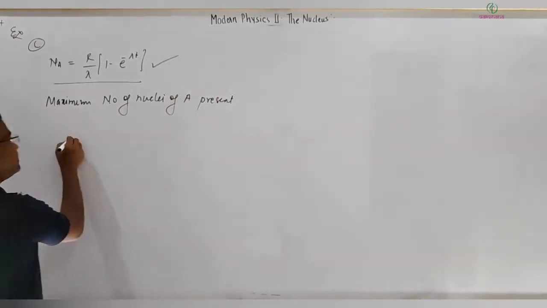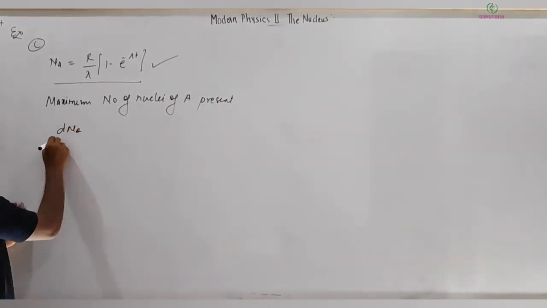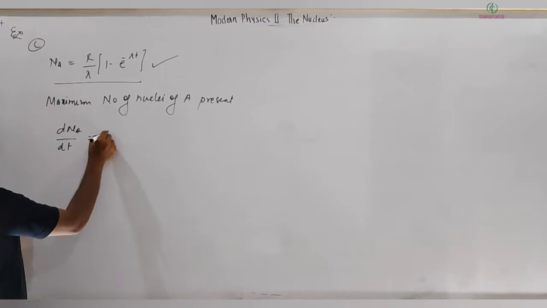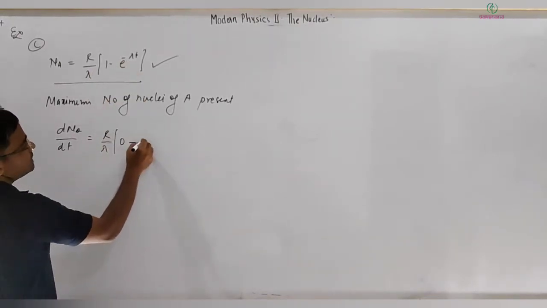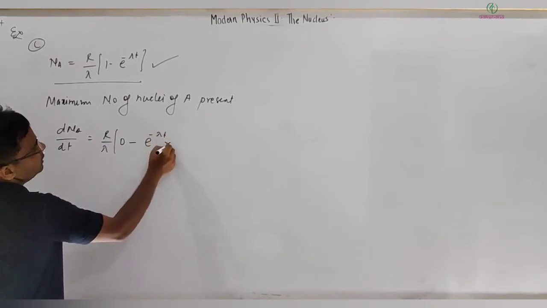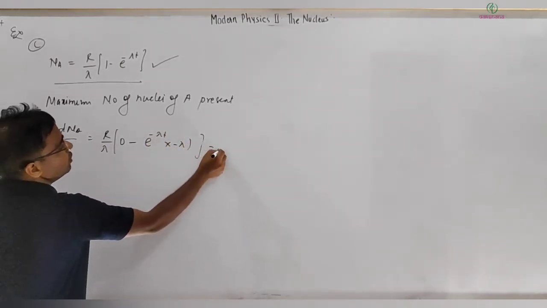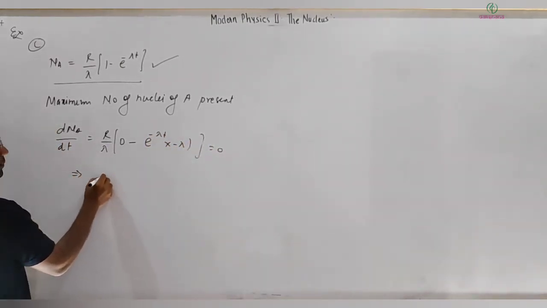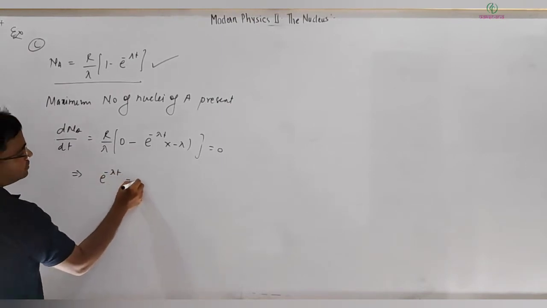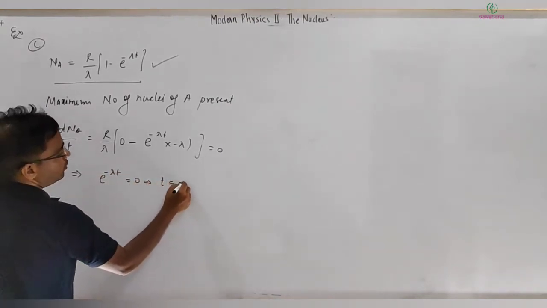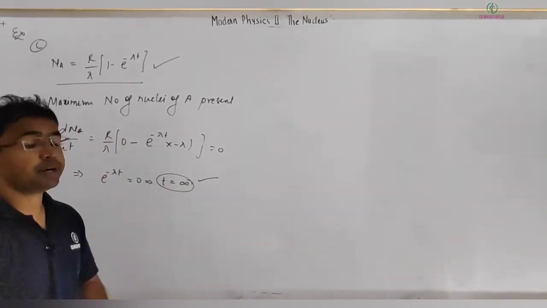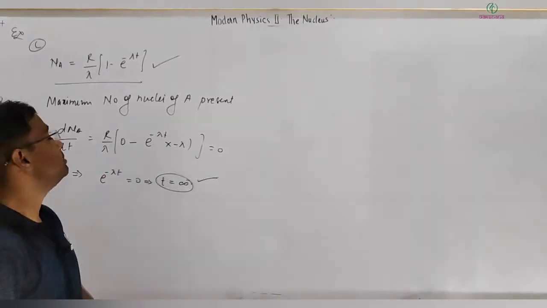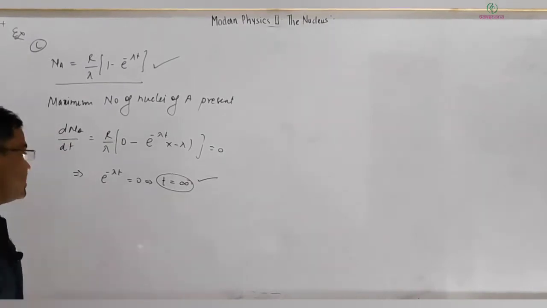To calculate this, we first get dNA by dt. This is R by lambda, differentiation of 1 is 0 minus differentiation of e raised to power minus lambda t into minus lambda, equal to 0, and this implies minus lambda t equal to 0. This implies t is equal to infinity. So we understood the maximum number of A will be present at infinite time.